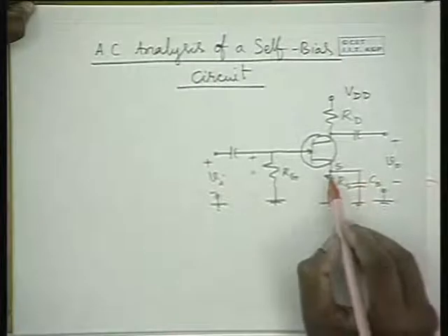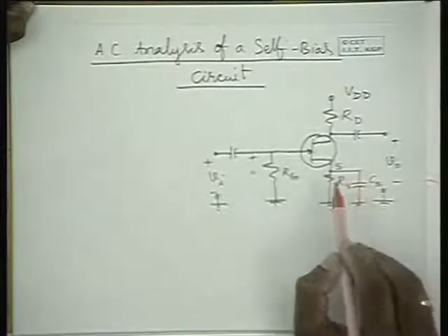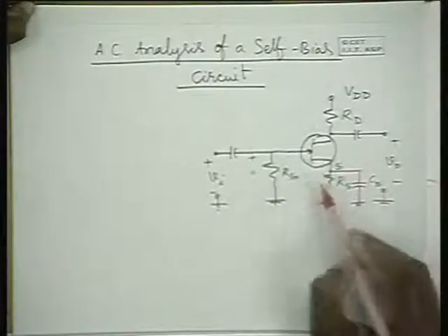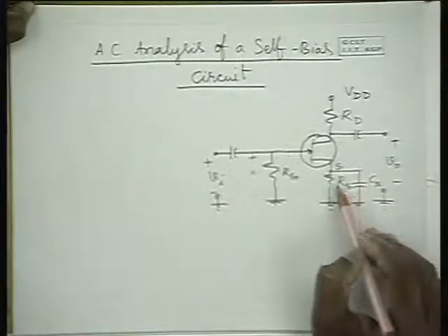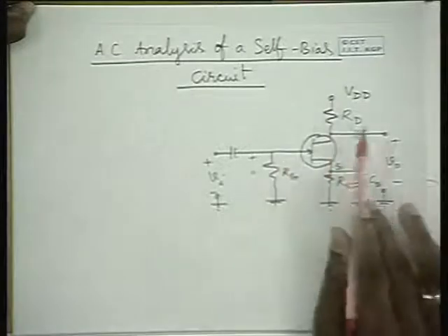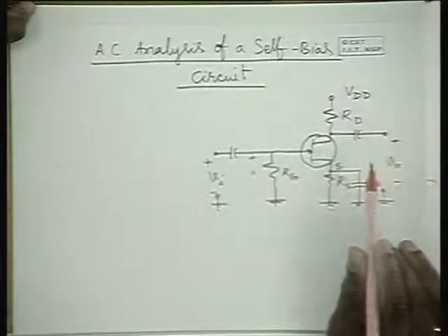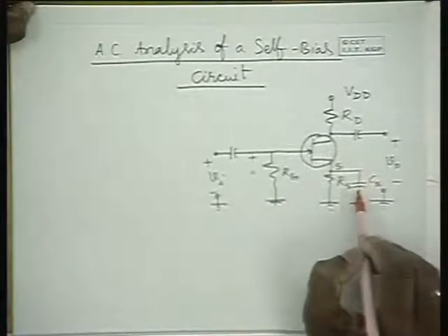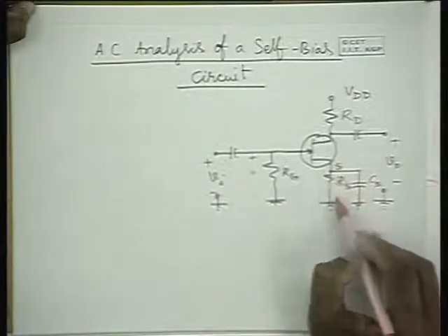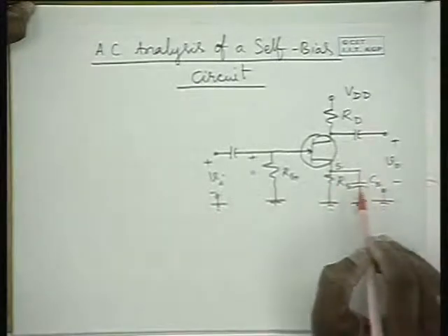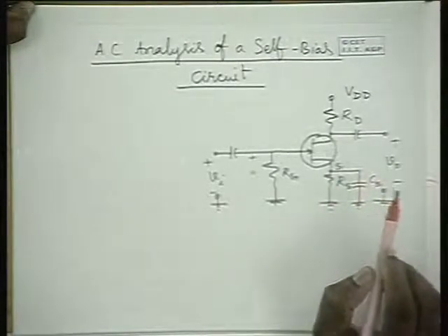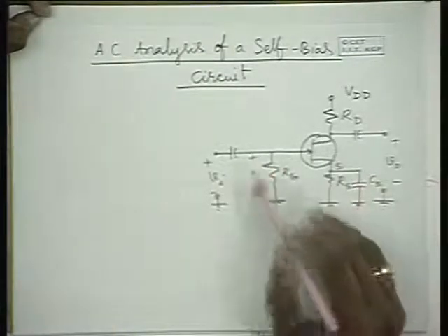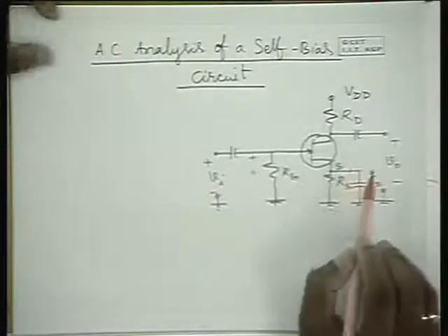When this bypass capacitance is used, it acts like an open circuit for DC, therefore RS comes into picture as far as the quiescent conditions are concerned. But for alternating signals, it acts almost like a short circuit, hence this RS disappears from the equivalent circuit. Now let us find the equivalent circuit for the self bias circuit given here.